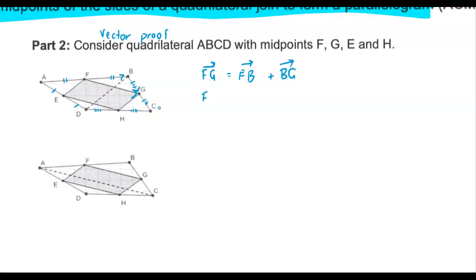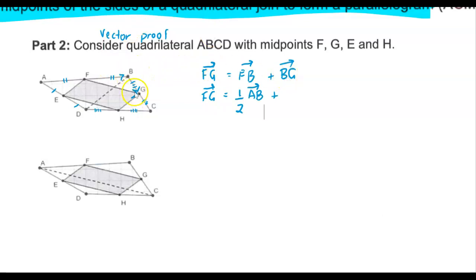Now what do we know? We know that vector FG, although it is equal to FB plus BG, we know that FB, this small vector in here, is half of the vector AB, because we were told that F is the midpoint. So we know that this section and this section are equal. So I'm going to replace vector FB with half of vector AB. And I'm going to do the same for vector BG.